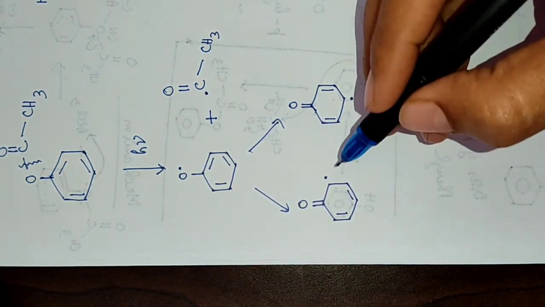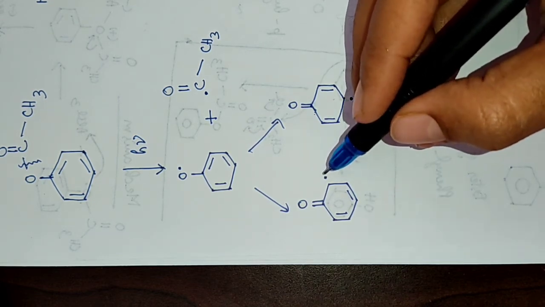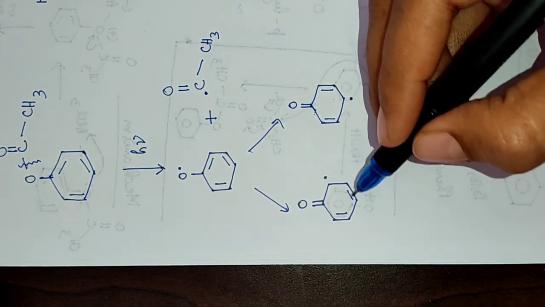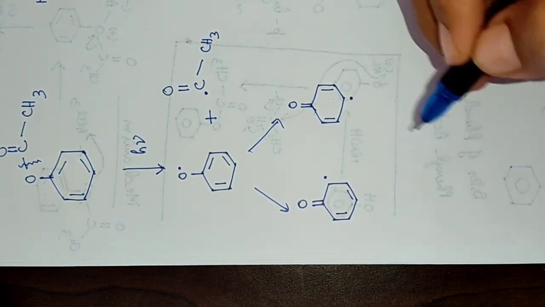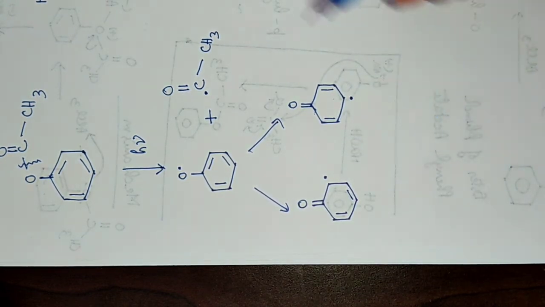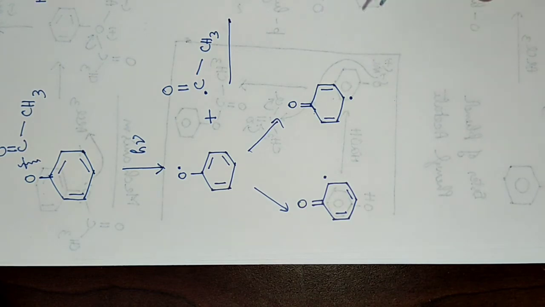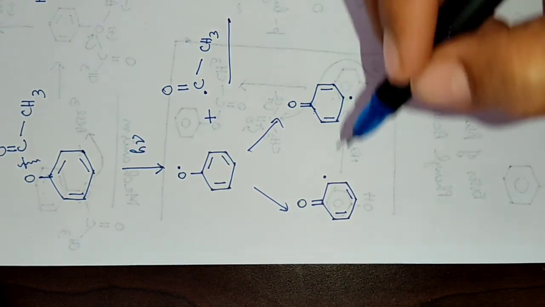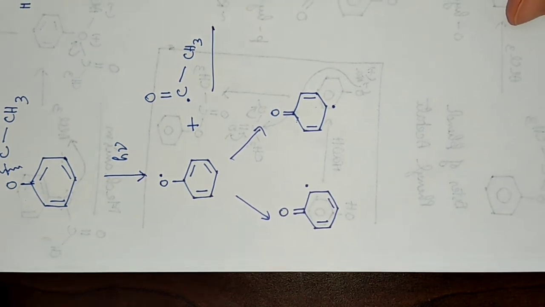And again with this dot, free radical or electron, if this bond breaks, this will form a pi bond and we have a free radical here. Now this species will connect at these two positions and it will give you the ortho and the para product. And here we get the major product as the para.